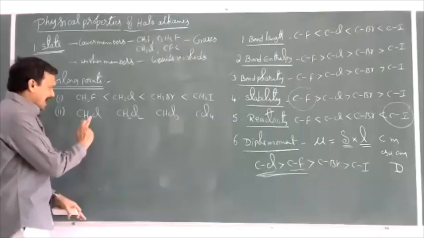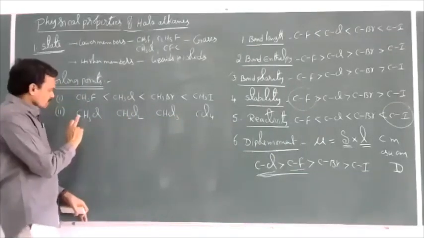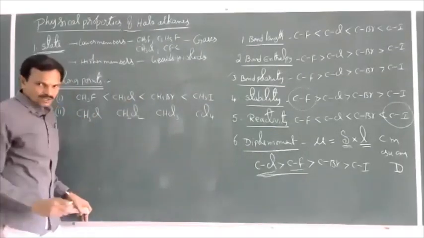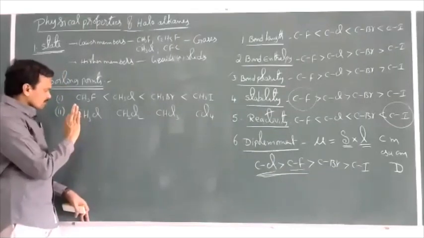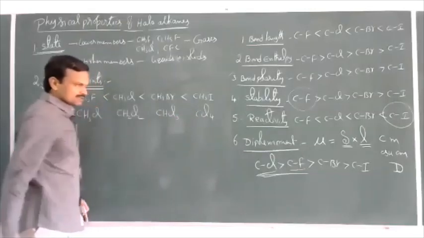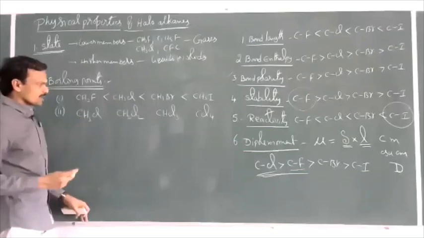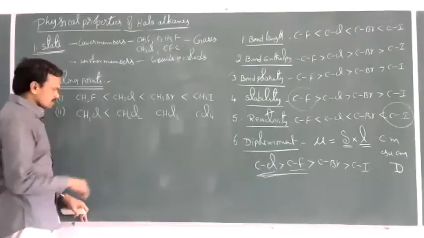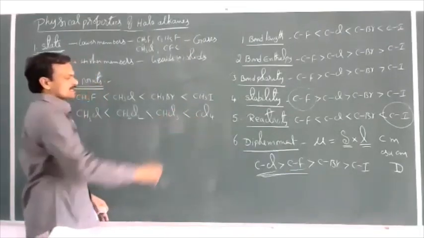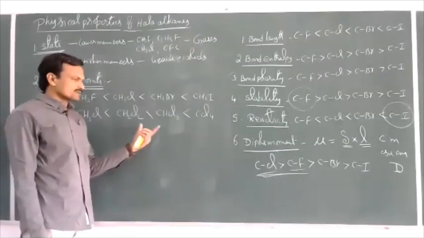So here, as the number of halogen atoms increases with the same number of carbons, only one carbon is there, but the number of halogen atoms increases. For the same number of carbon atoms, as the number of halogen atoms increases, the attractive forces between the molecules increase, thereby the boiling point increases. Now the order of boiling point is CH3Cl less than CH2Cl2 less than CHCl3 less than CCl4. So this is the order of boiling point for this one.